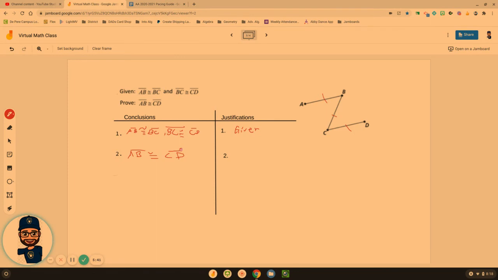What allows us to say that? That's called the transitive property again. Notice we're using this a lot right now to try and understand what it looks like. The transitive property, two pieces are tied together because they share one common piece that they are both congruent or equal to. All right, that's that transitive property.